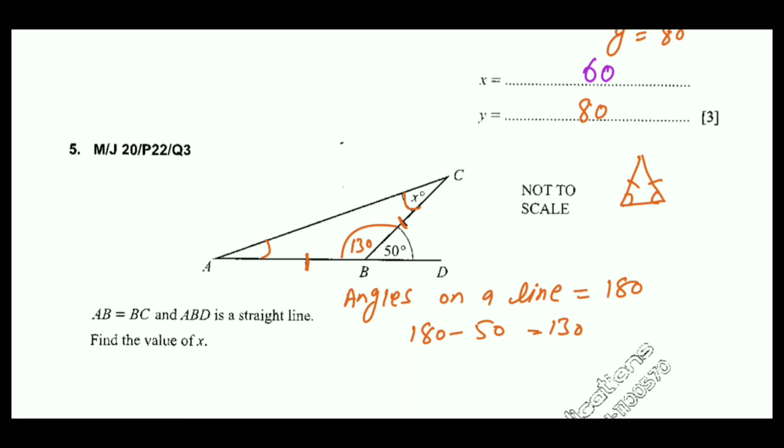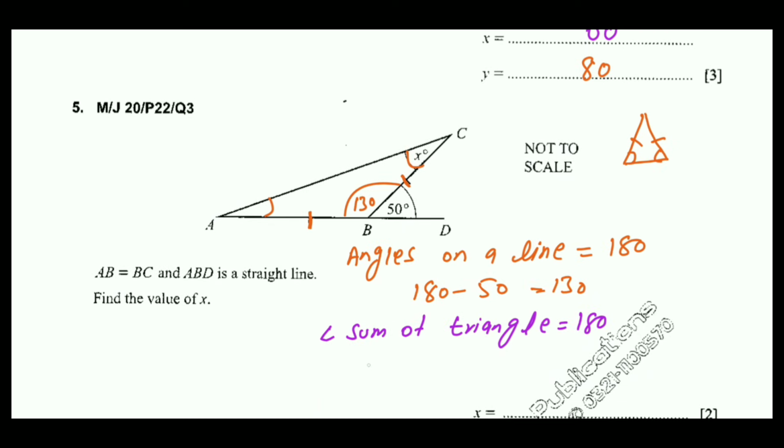So if this is 130, we can find the remaining two angles of the isosceles triangle. How? By the angle sum of triangle property, which is equal to 180. So if this is x, this will also be x.